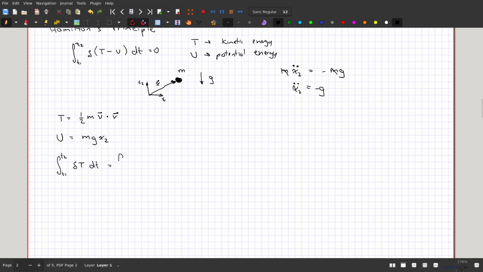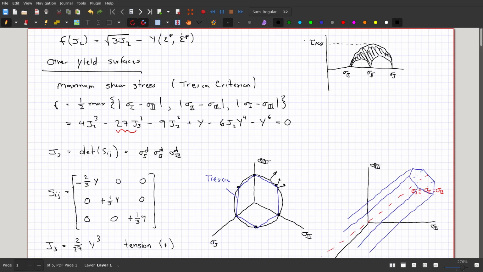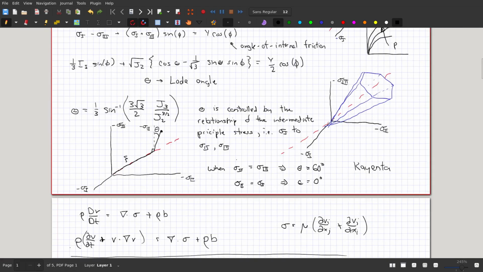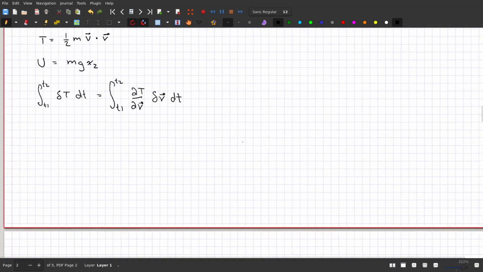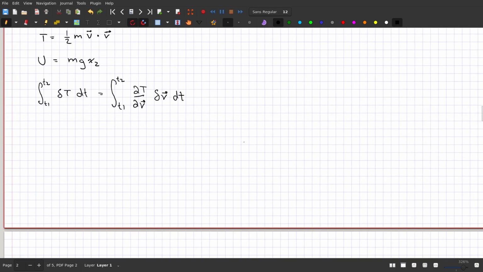So we're going to have the integral from T1 to T2 of partial T, partial v, delta v dt. This was my example when we were computing the variation. I want to ultimately deal in position vectors, so not velocity vectors.